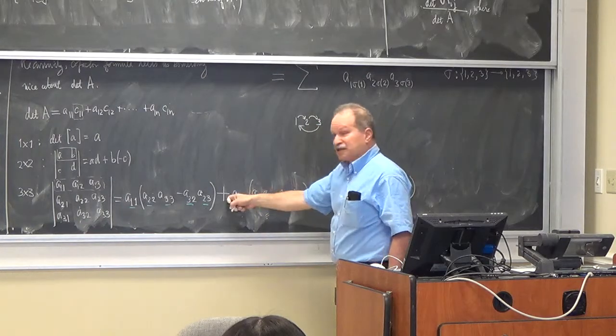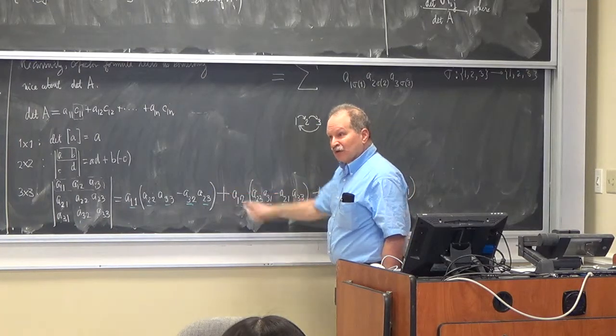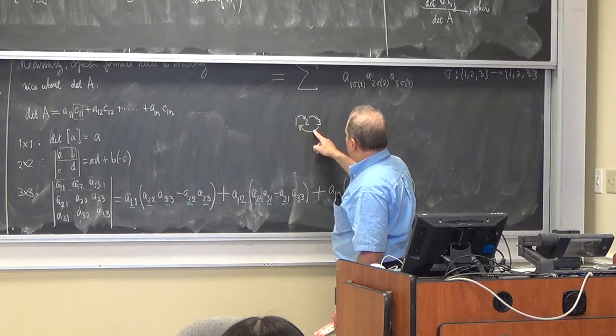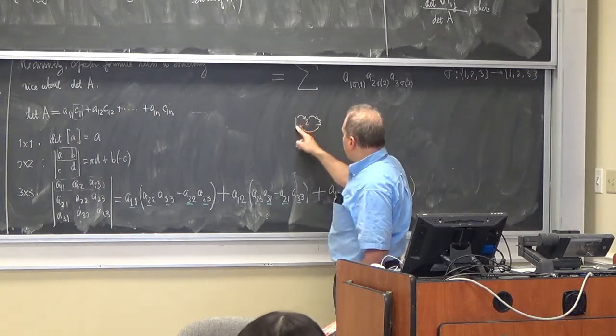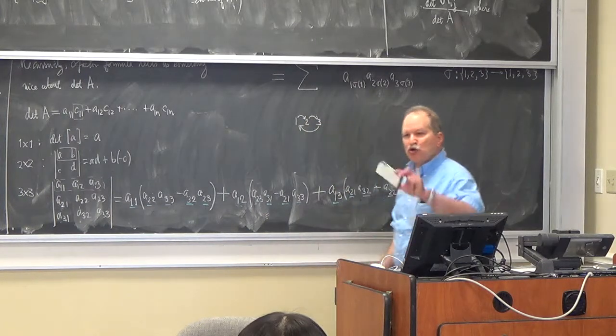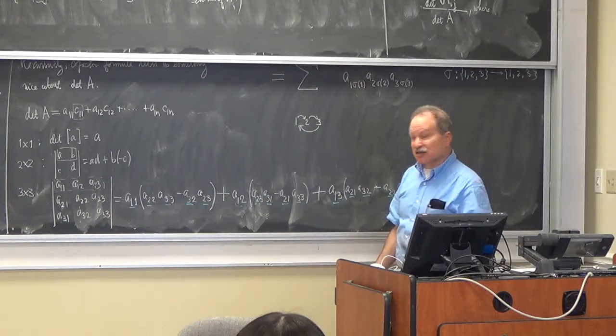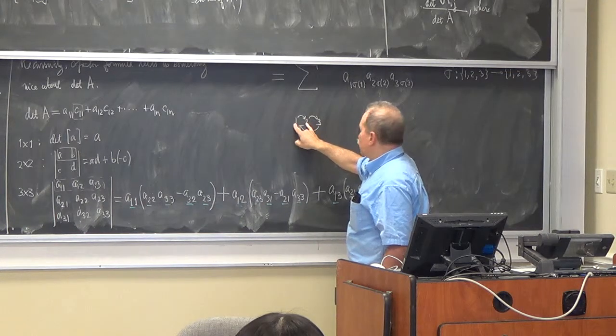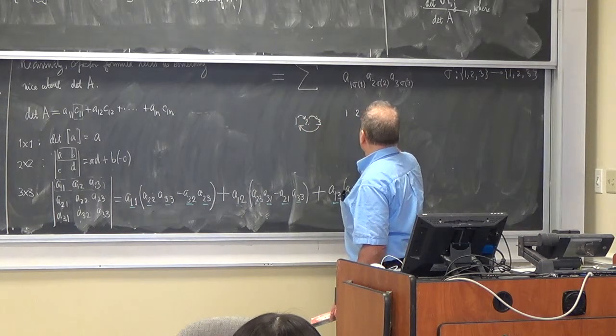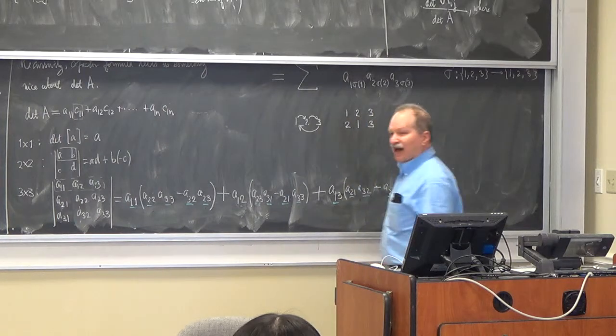And that had a plus sign. Notice that's 2 switches. Cyclically permuting 1, 2, and 3 is doing 2 pairwise switches. You switch 1 and 2.